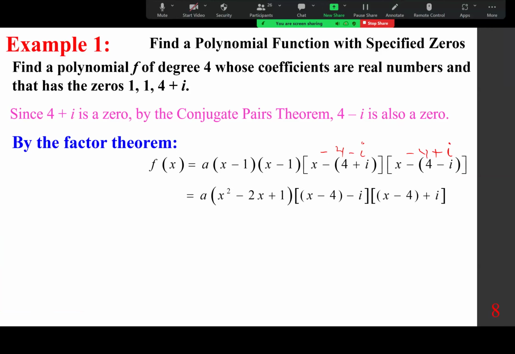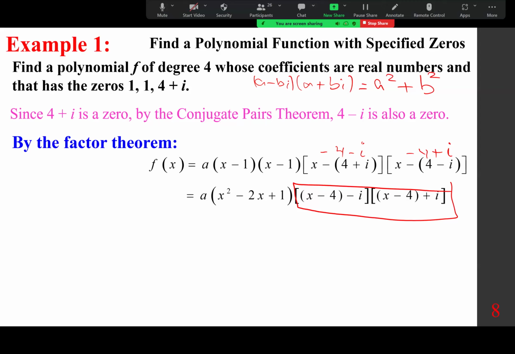Please understand why I'm doing this, because I want to remind you that when you have a minus bi times a plus bi, you get a squared plus b squared. I hope you remember that.